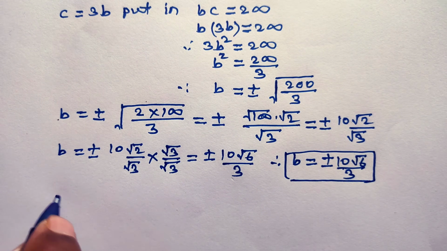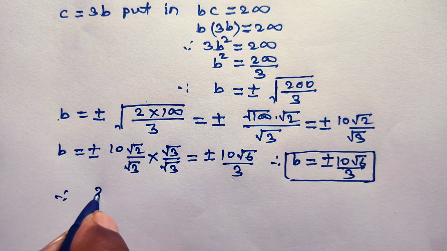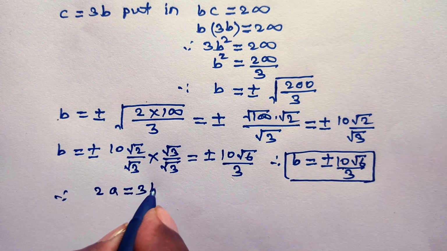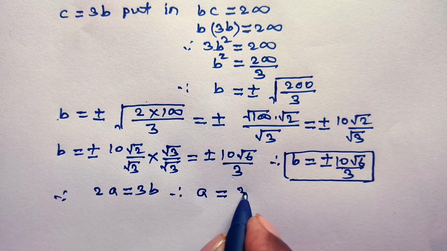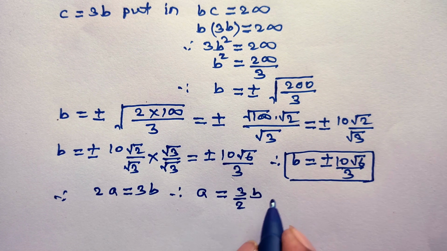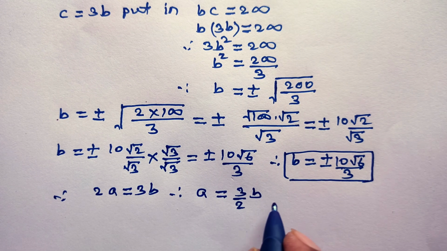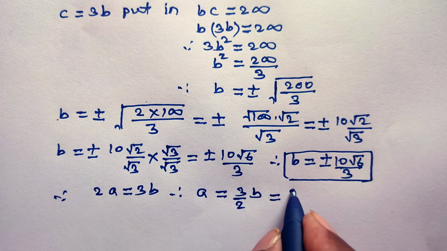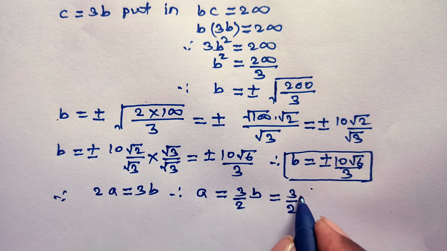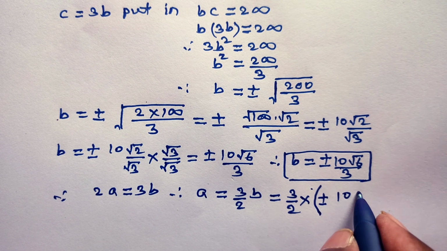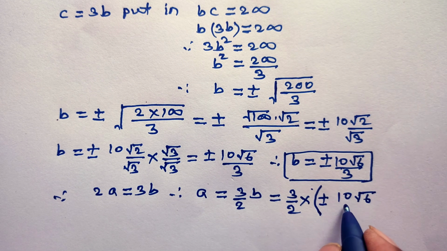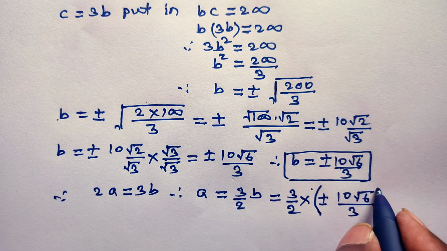Since we know 2A is equal to 3B, hence A is equal to 3 upon 2 B. But B is this value, put here. This is equal to 3 upon 2 into plus or minus 10 times root 6 divided by 3.